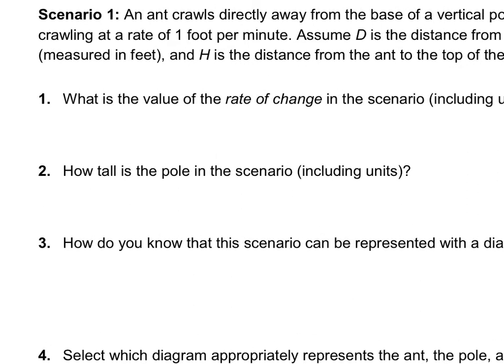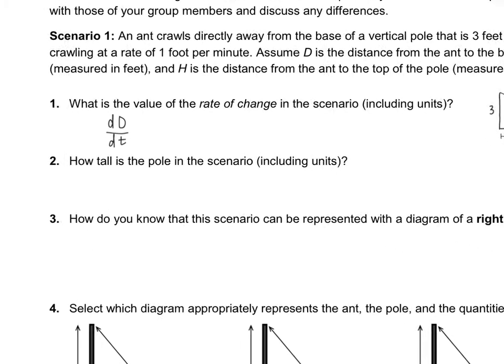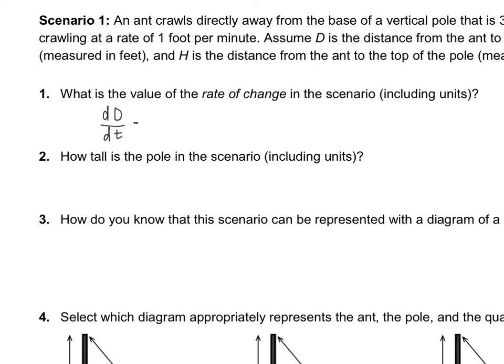So here you'll do dd dt. This is the rate of change of that distance divided by the rate of change of time. And that's the rate that we're looking at. They say this is 1 foot per minute. Normally you're just going to put 1. They say to include units, so we will, but normally you'll just worry about units at the end, I think.